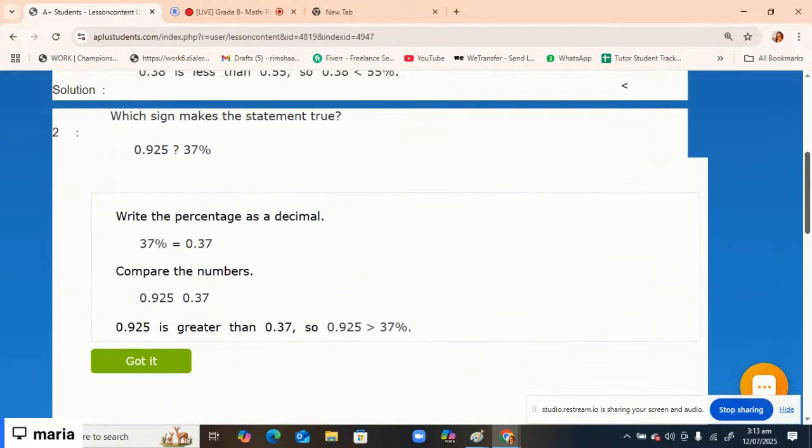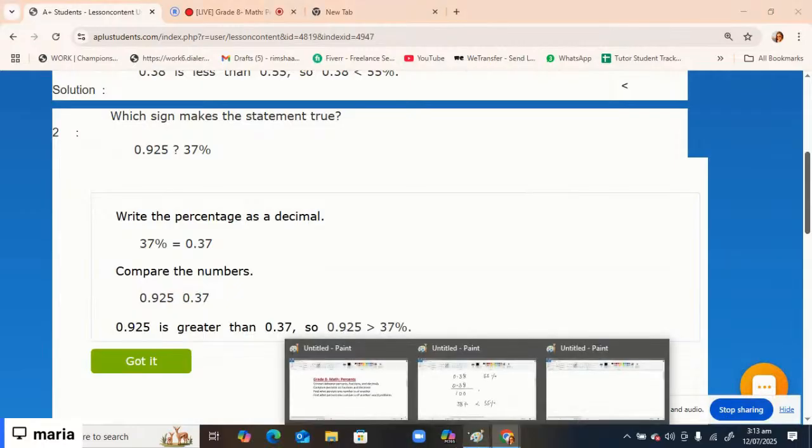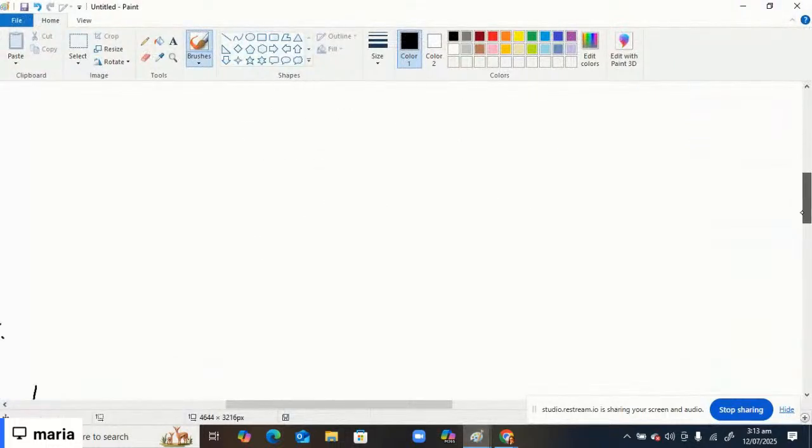Which sign makes the statement true? 0.925 or 37%?